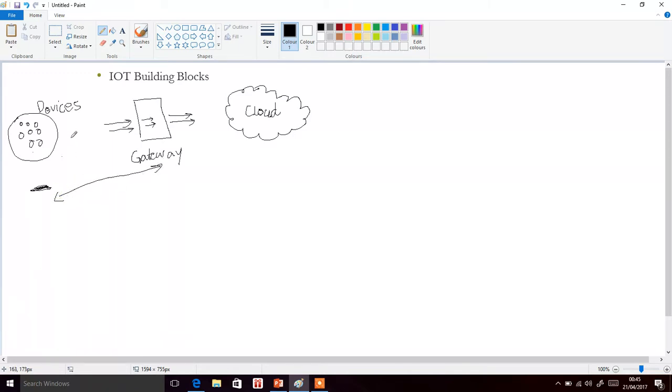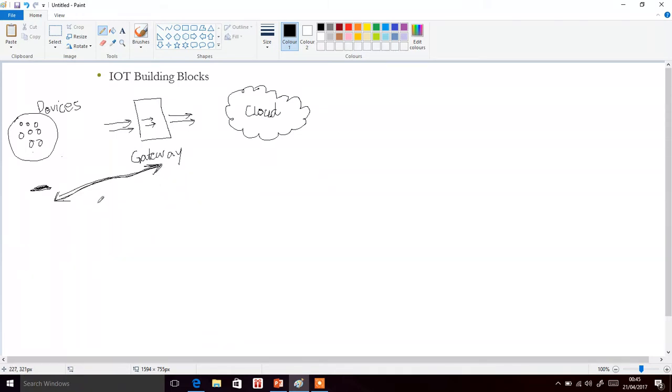These are normally low power devices, and that's why they cannot process the data or make calculations on it. That's why they send the data to the gateway, and also they cannot do long distance communication.